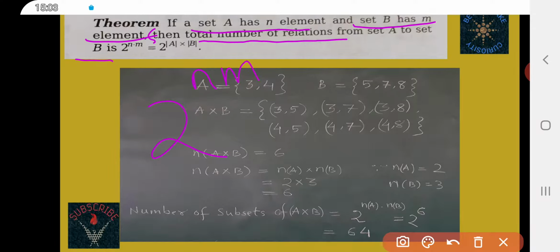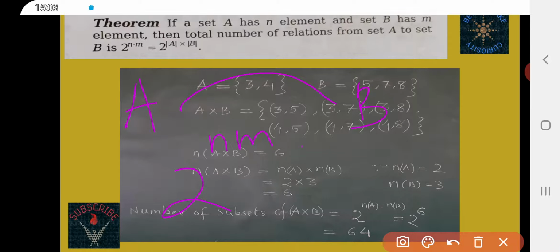So relations from A to B, how many are possible? 2 to the power nm.